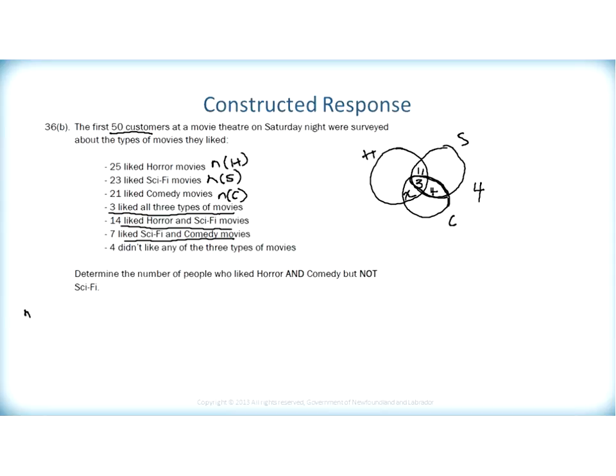So we have N of H union S union C is going to equal the number that's in H plus the number that is in S plus the number of elements in C. Subtract the number of elements in the intersect of H and S. Subtract the number of elements in S intersect C. Subtract the number of elements in H intersect C. And then we're going to add the intersect of all three sets, the number of elements in.